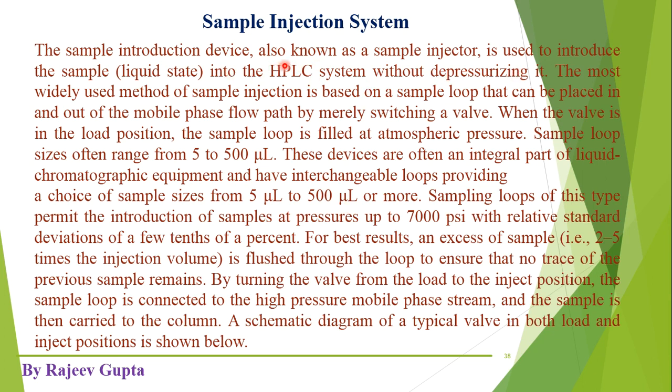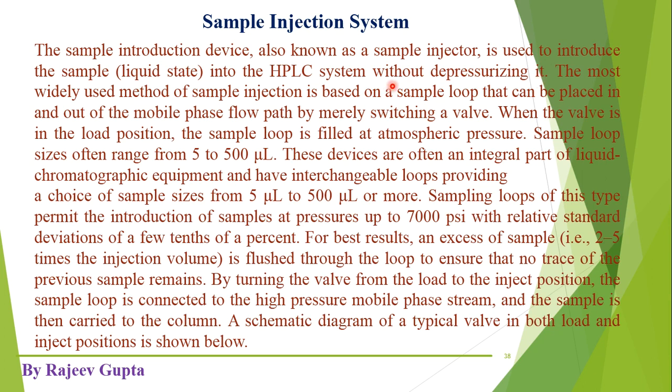What is written here is that it is used to introduce sample in liquid state into the HPLC system without depressurizing it, because we know that before injecting our sample we flow our mobile phase through the column and all the other parts of the instrument.